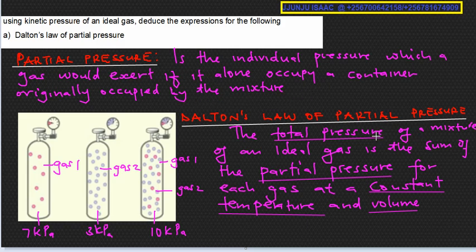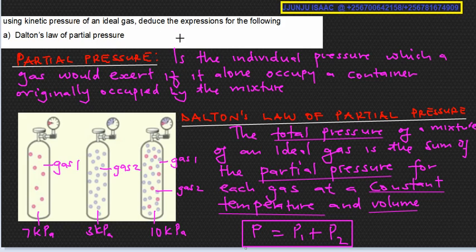So now, after knowing what partial pressure is and Dalton's law, we are going to derive the expression for Dalton's partial pressure. In other words, if we have a mixture of two gases, the total pressure is given by P1 plus P2, where P1 and P2 are partial pressures, and this is the total pressure. And now this is Dalton's law, which we are going to derive using kinetic theory.